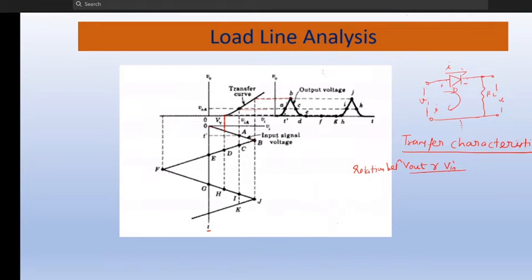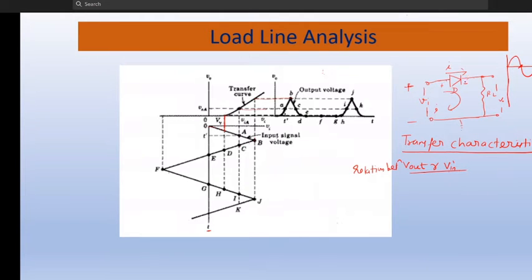Then during the positive half of the cycle, when you have the input supply like this, the lower one will disappear.